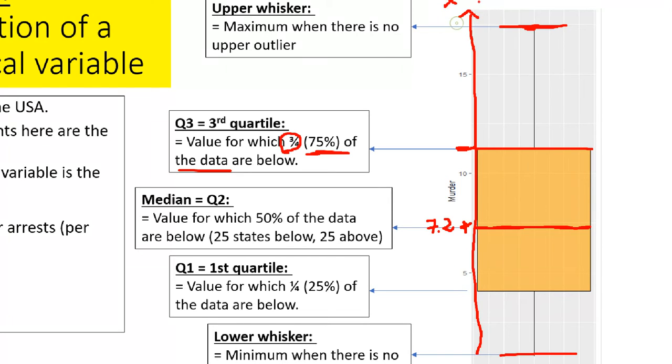Oops, it looks like an X, sorry for this. The y-axis is the murder rate, okay? So 3/4 of my states are below the value of about 11, okay?